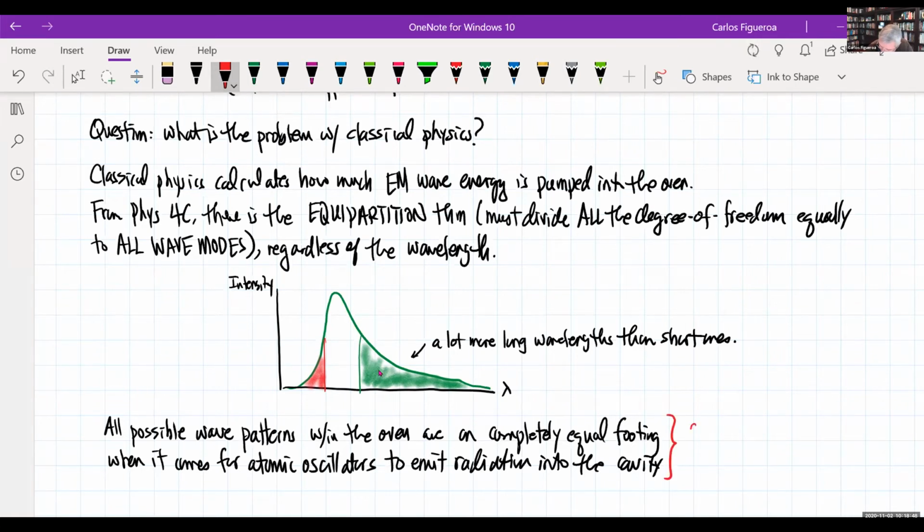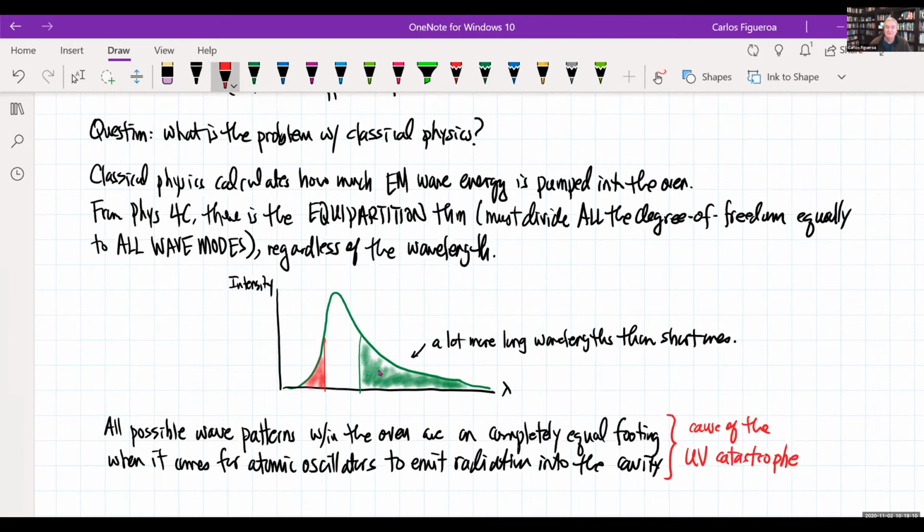This is the cause of the ultraviolet catastrophe right here. It is the cause because even though you're looking at this experimentally, you can see that there's a lot more green than red.